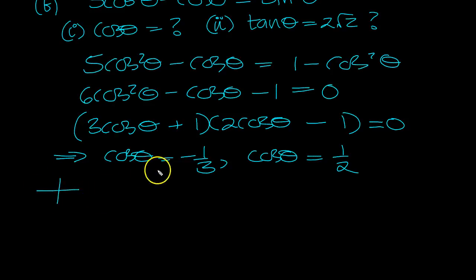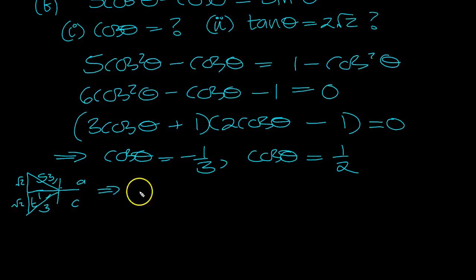So here, cosine theta is negative. So cos is negative here and here. So you've got this situation here. So you've got 1 and 3. So this is root 2. And this would be 3, and this is root 2.